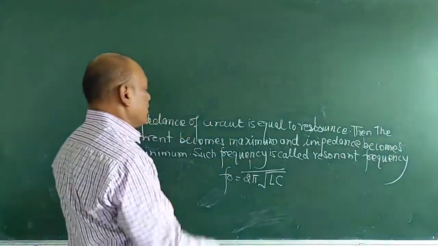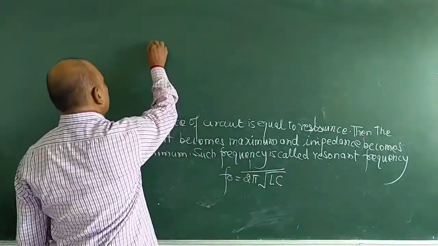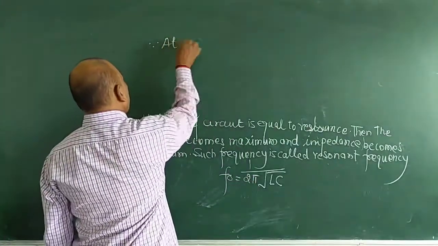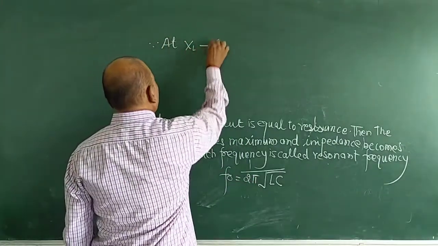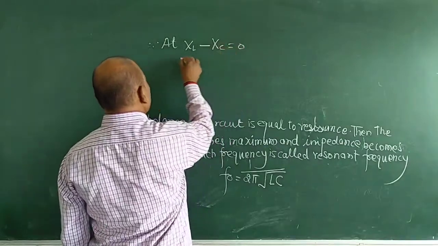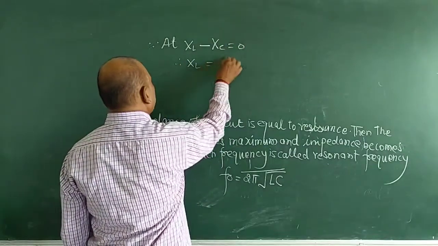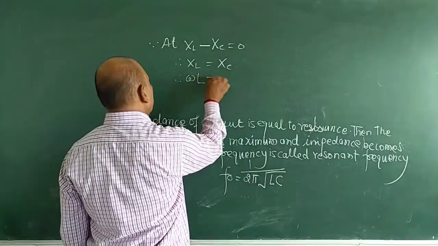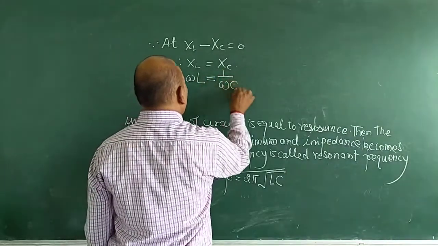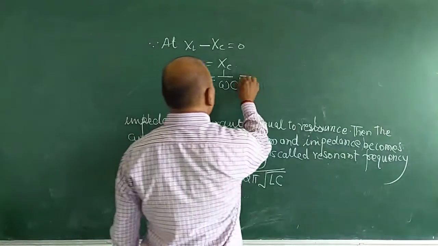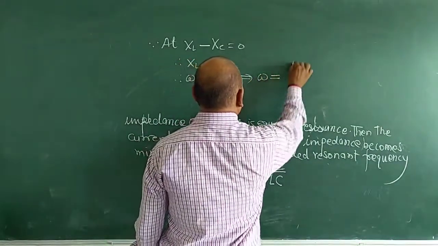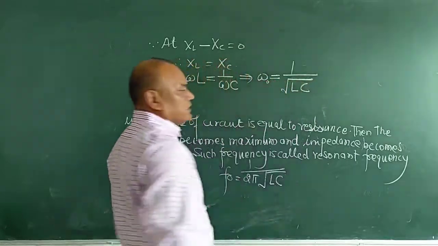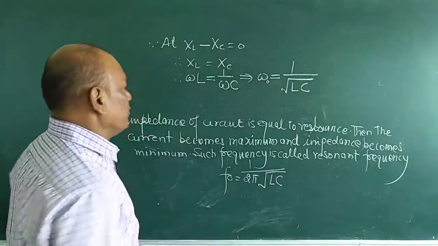Now here, since XL minus XC is equal to 0, therefore XL is equal to XC. So omega L is equal to 1 by omega C, which implies that omega is equal to 1 by under root LC. This is called omega 0.